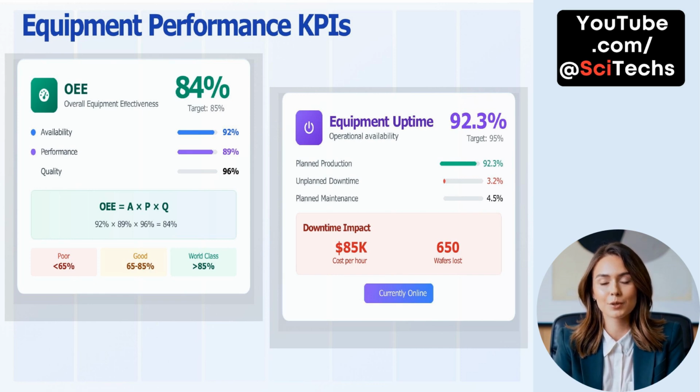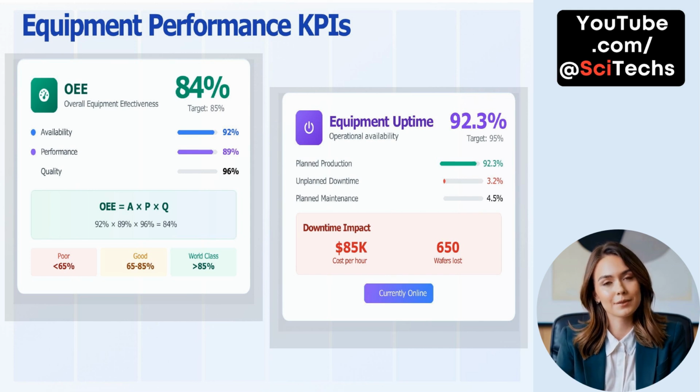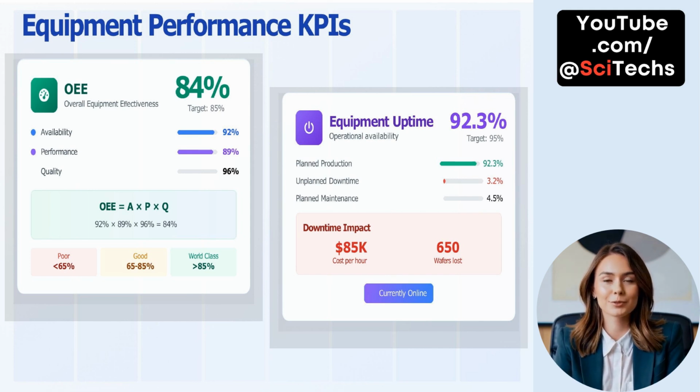Multiplying these gives an overall OEE of 84%. This places the equipment in the good category, which ranges from 65% to 85%. To reach world-class status, OEE must exceed 85%. The current result is close, but there's still room for fine-tuning process efficiencies, cycle times, or maintenance strategies to improve.